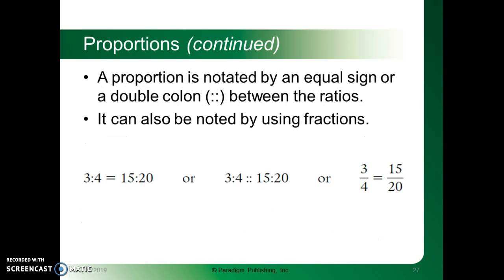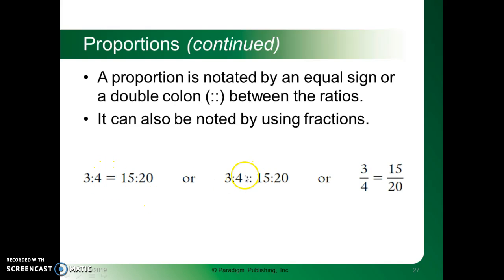A proportion is notated by an equal sign or a double colon between the ratios. So the following are examples of ways that a proportion can be written. Again, we have two ratios, this one 3:4, and the ratio 15 to 20, and the proportion is here, the equal sign.